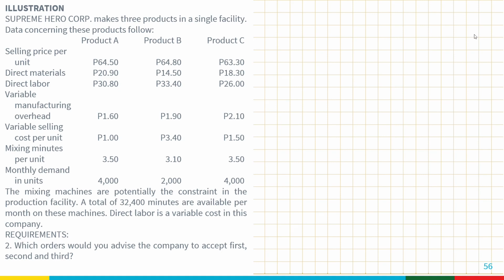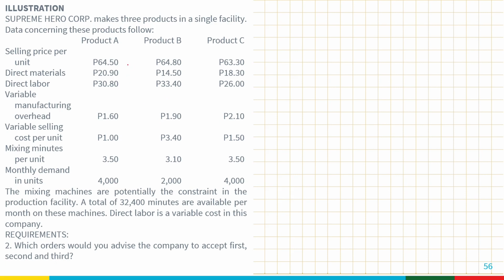Requirement 2, which orders would you advise the company to accept first, second, and third? So, alin daw yung dapat nating i-prioritize na product? Is it A, B, or C? Ano yung ranking nila? First, let's get the selling price per unit. By the way, we're computing for the unit contribution margin per scarce resource.